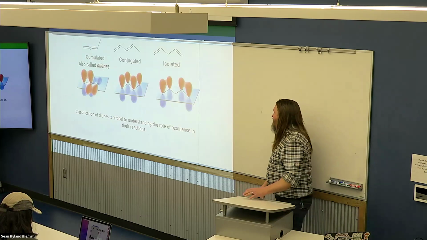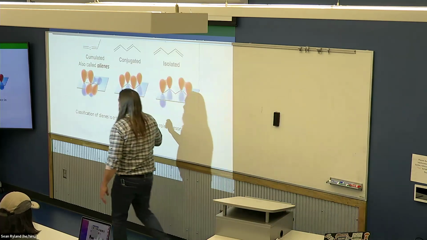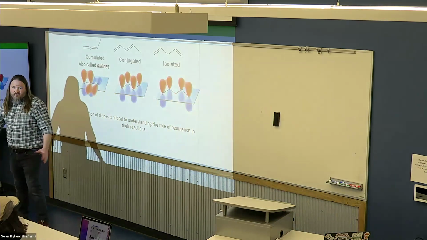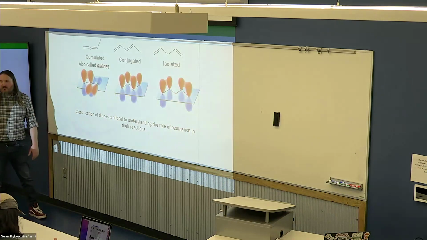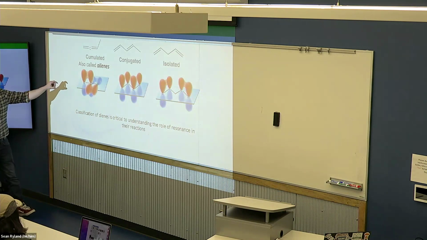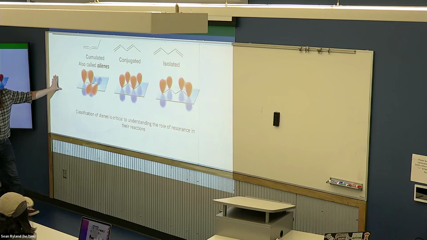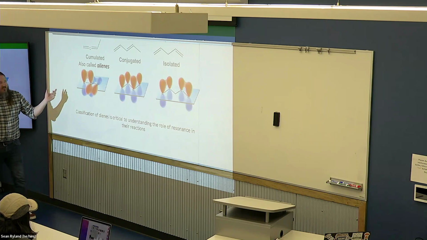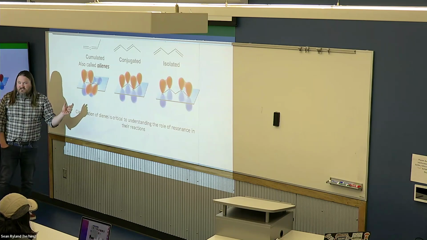And dienes have a couple different classifications, and dienes are just what it sounds like. It's when you've got two alkene bonds, two alkene groups in the same molecule. It's not the same as aromatics. So benzene rings and other aromatics are not the same as dienes.